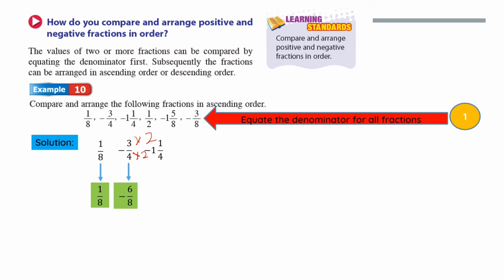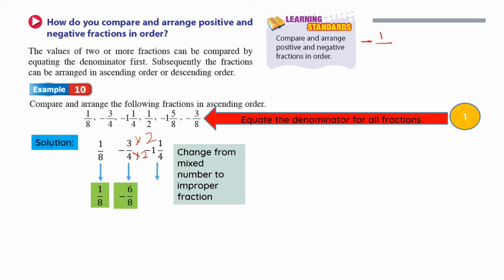Next, negative 1, 1 over 4. For this mixed number, we need to change from the mixed number to improper fraction. If you remember last time, when I said improper fraction, it is a fraction with larger numerator than denominator.